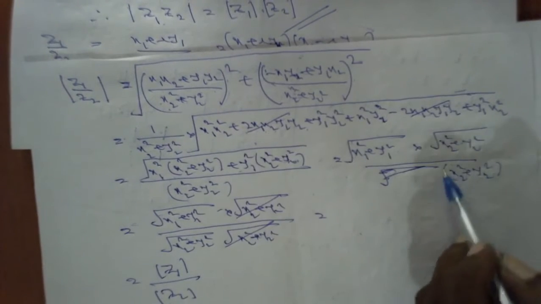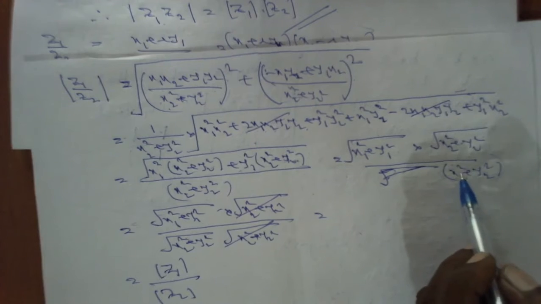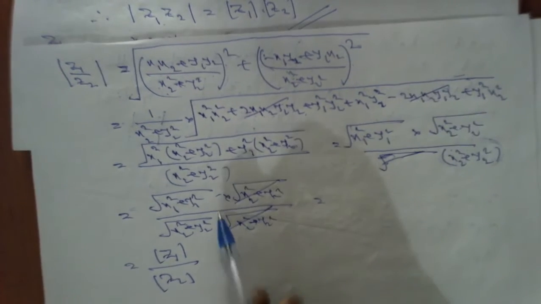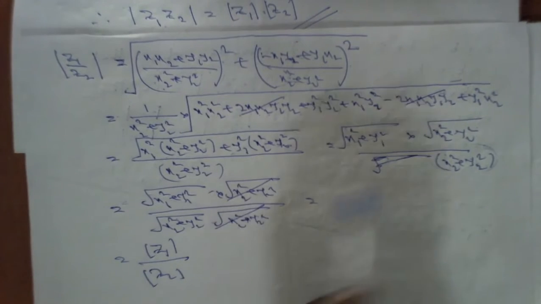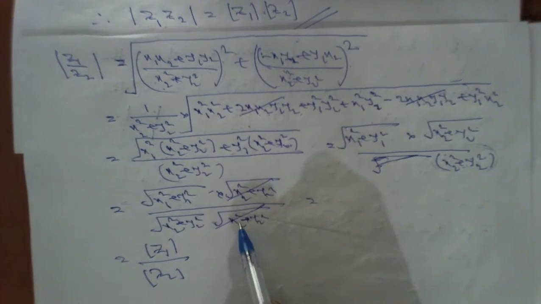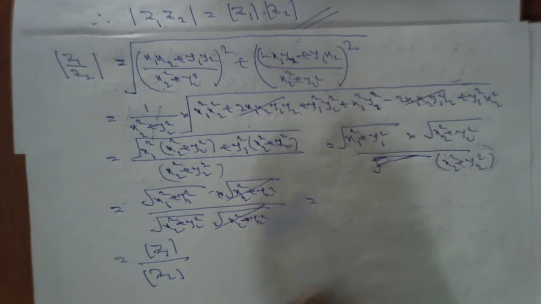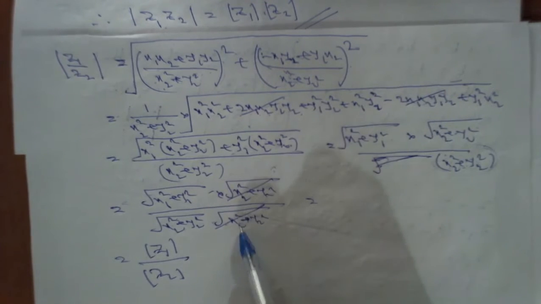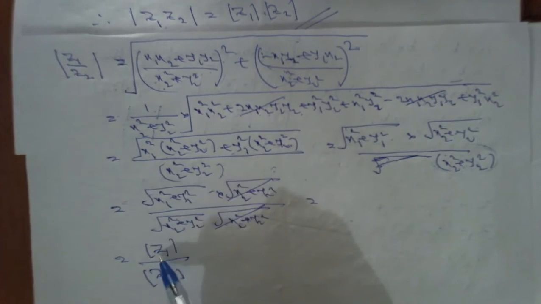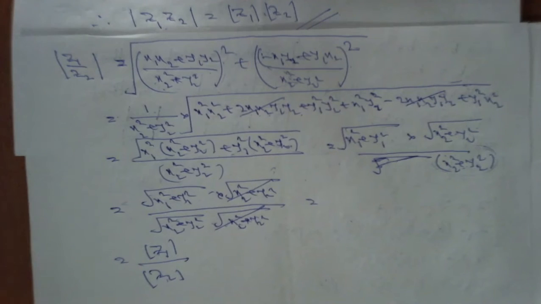Then here, this term without square root, you can write square root into square root, in the form of square root into square root. Then one term gets cancelled, then you get, this is mod C1, this is mod C2. Is it clear? Yes, sir. Now clear, sir. Right.